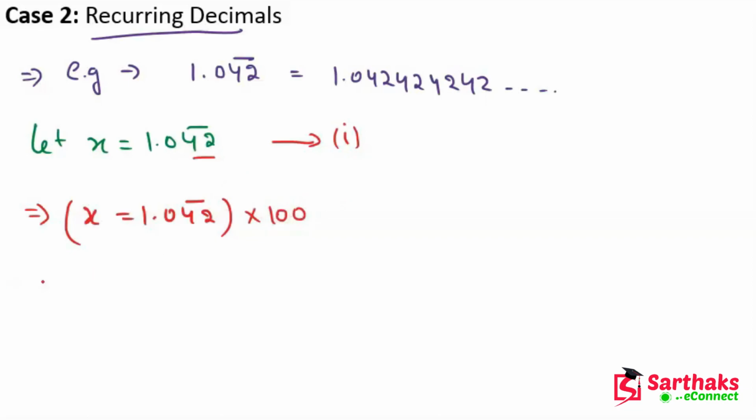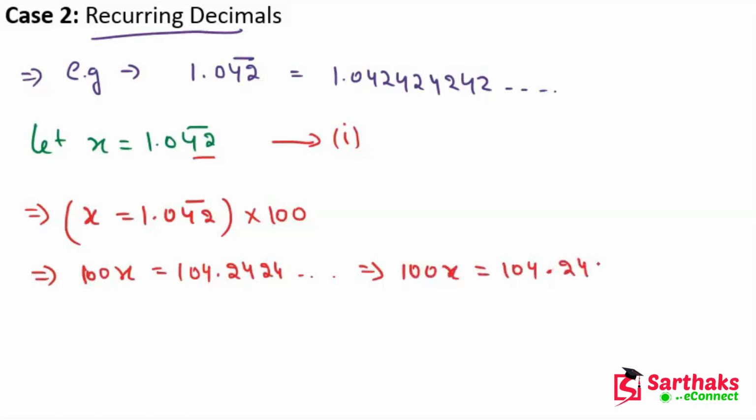So this will become 100x equals 104.2424 and so on. We can write it as 100x equals 104.242 bar. So this is our second equation.